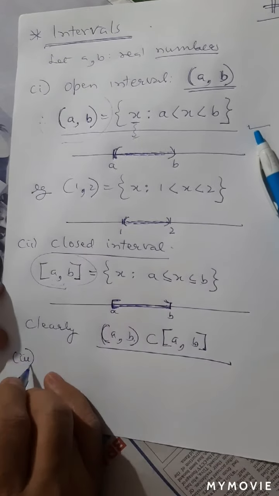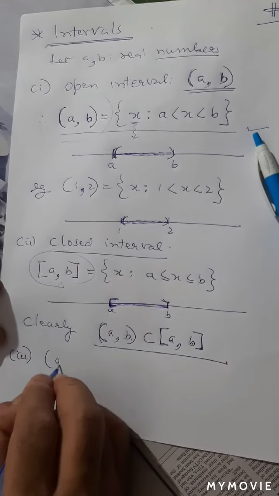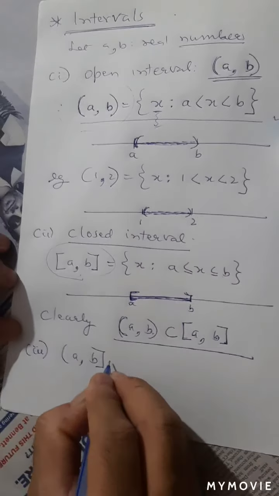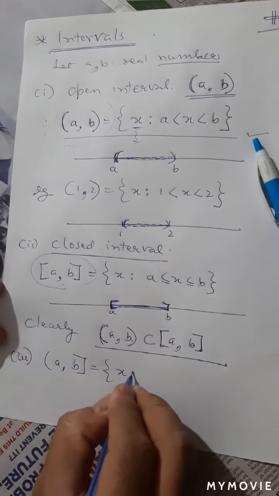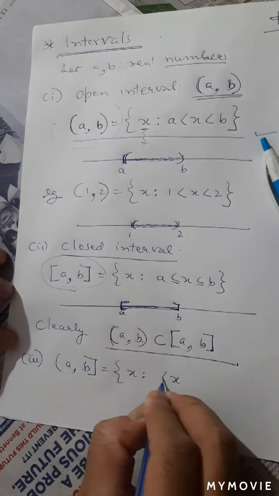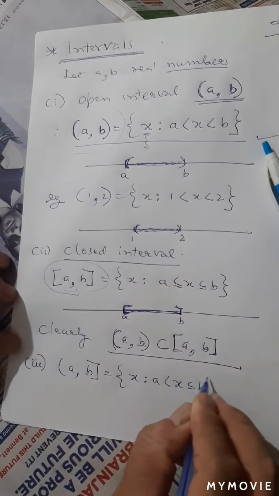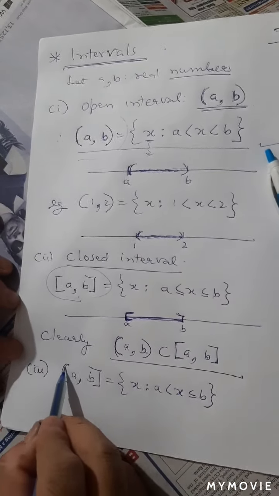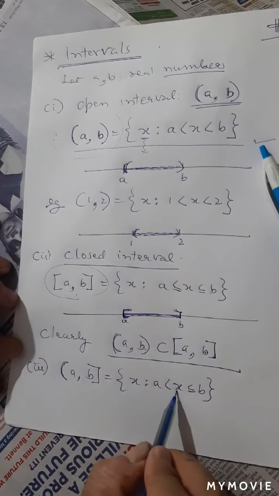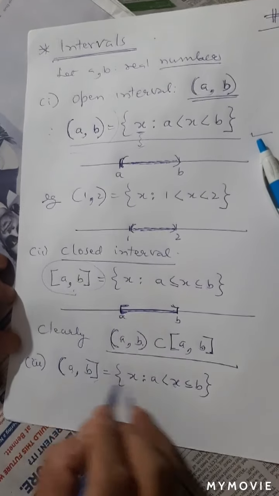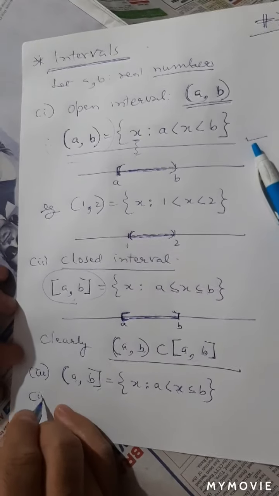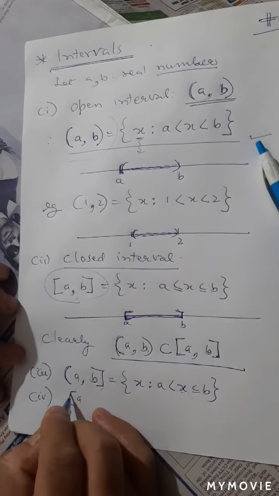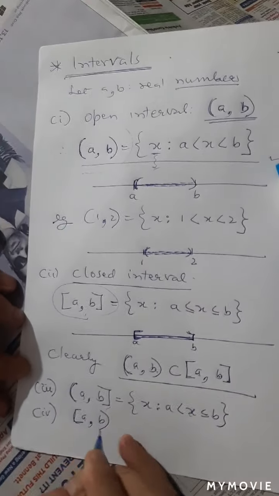In the same way we can have an open close interval. This means all numbers which are greater than A and less than or equal to B. So open at A means A is not included, and closed at B means B is included. And next, closed open.